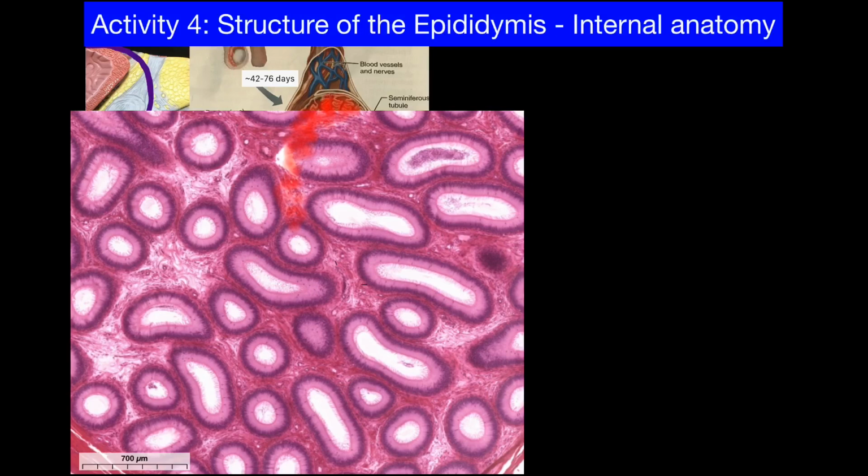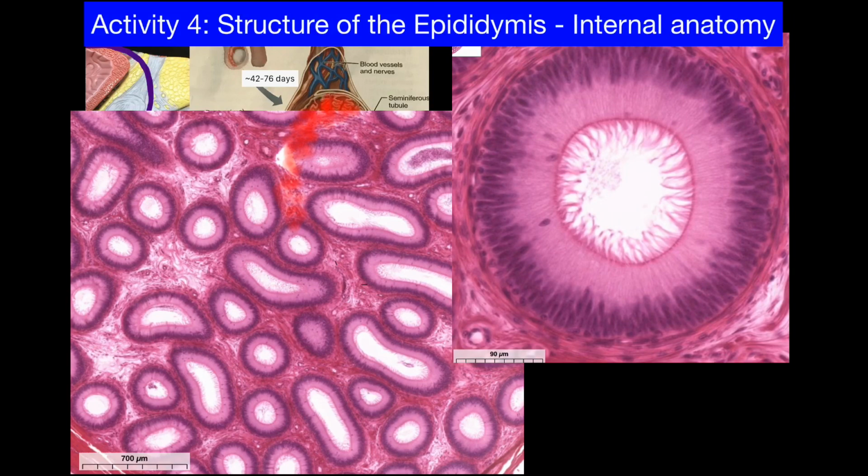So if I zoom in, this is really zoomed into just one section through the tube within the epididymis. So this is where our final maturation of sperm cells takes place.